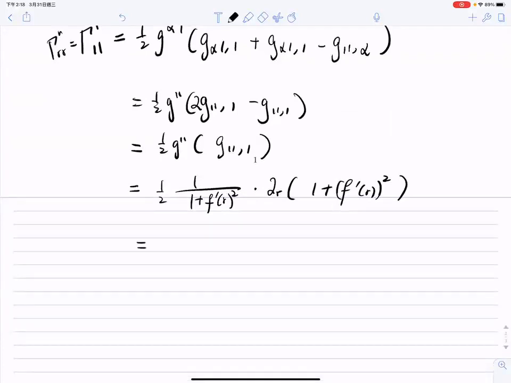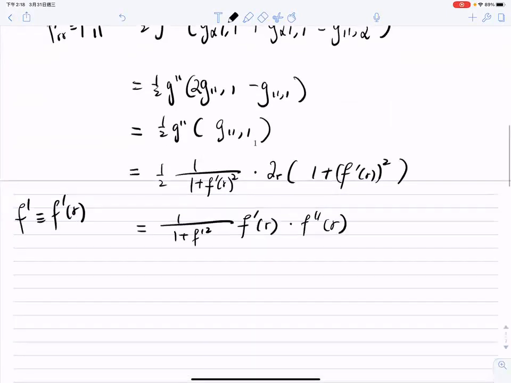After a simple calculation, I simplify the notation, and it would be like this.